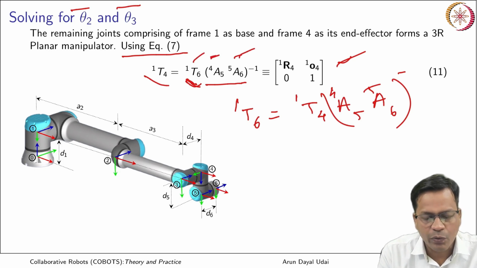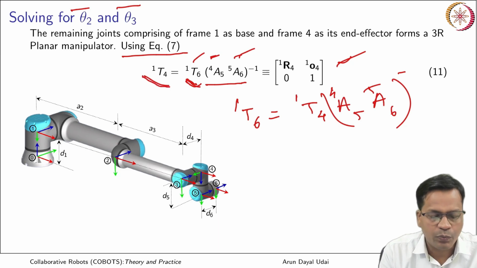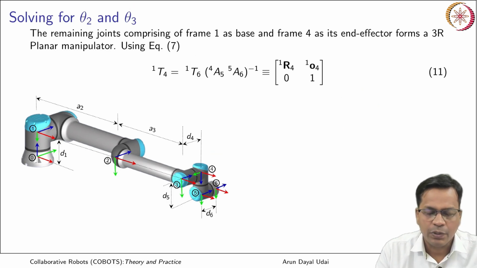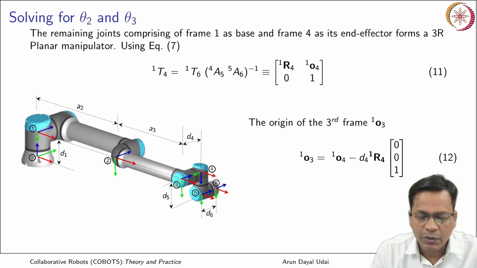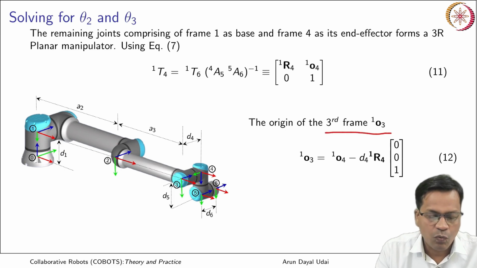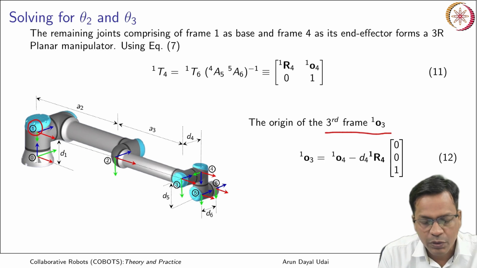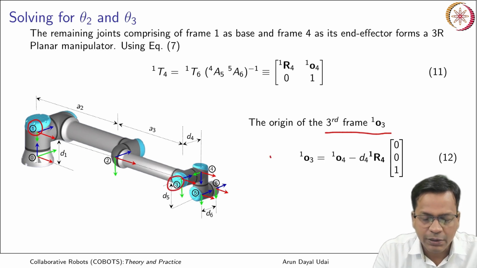So what I now know is T1 to 4, from the first frame to the fourth frame, that transformation is now known. The origin of the third frame, that is 1 to 3, from here to here, can be obtained in a similar way. You have to come back by the D4 vector.